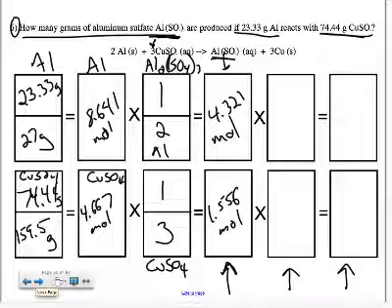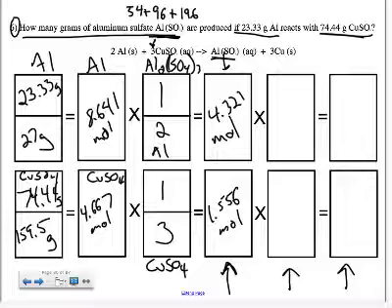So aluminum sulfate is aluminum times 2, so that's going to be 54, plus sulfur times 3, so that's 96, plus oxygen times 12, which is 192. Oops, that's 192.